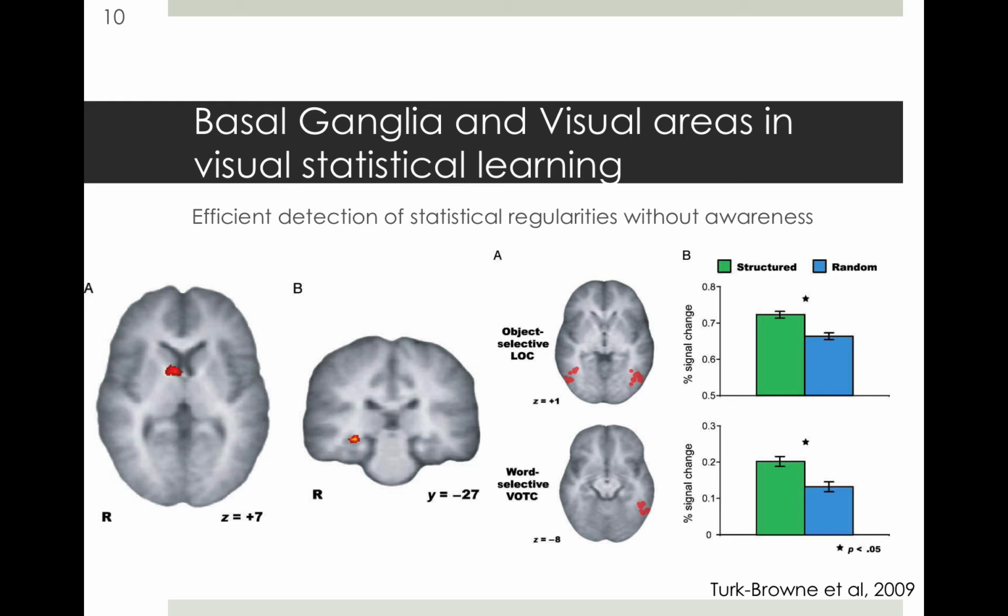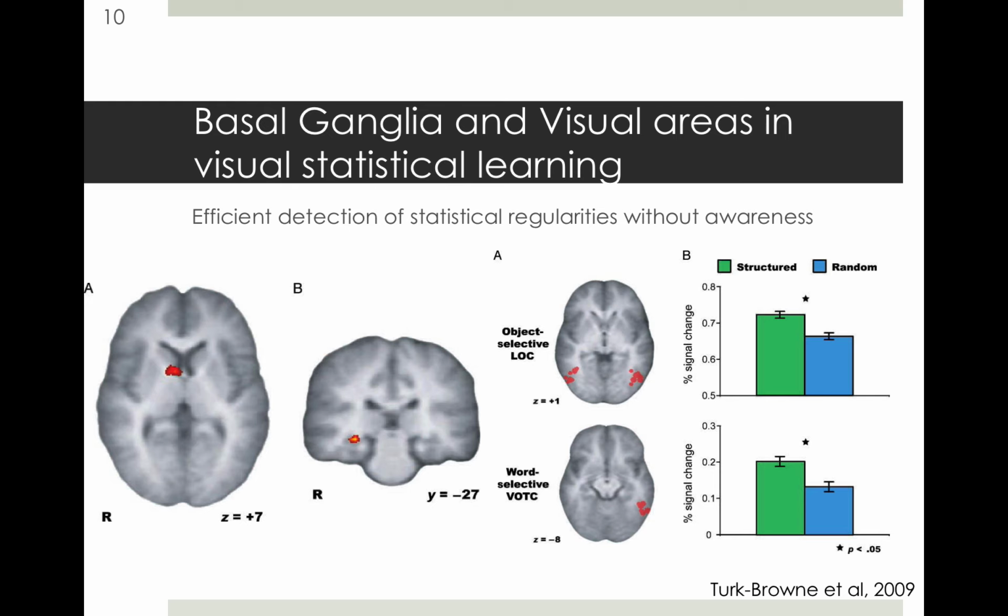In addition, you get areas in the late visual system, part of the occipital lobe, that show this sensitivity, a difference in activity between structured and random sequences. So the brain is quite efficient at detecting these statistical regularities, and it seems to occur without conscious awareness.